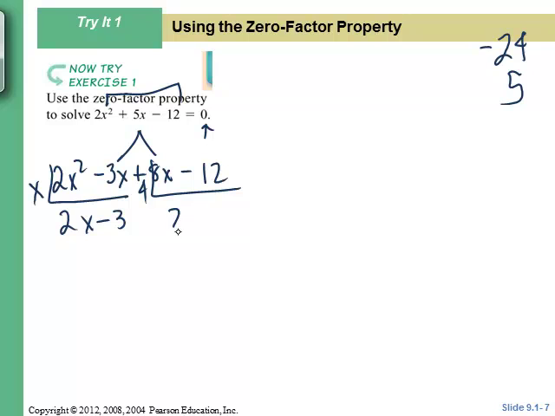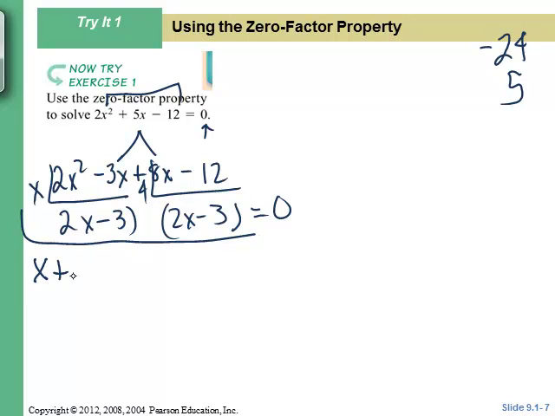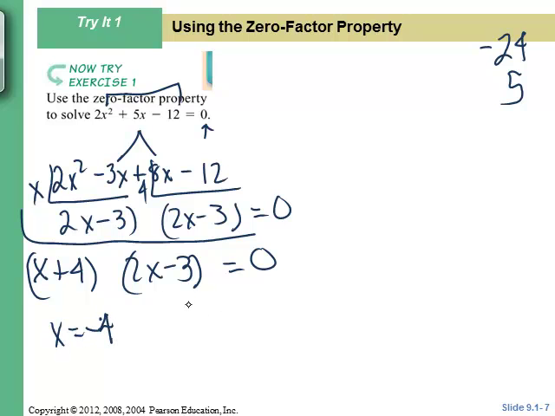Factor out a 4, and you're left with 2x minus 3 equals 0. So you have x plus 4 times 2x minus 3 equals 0. x equals negative 4. 2x minus 3 equals 0, 2x equals 3, x equals 3 halves.